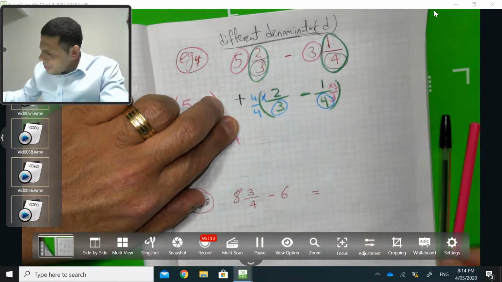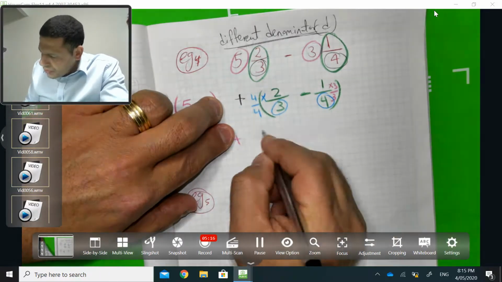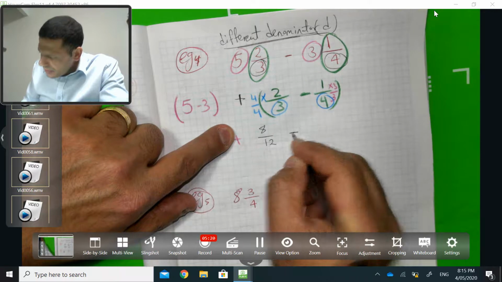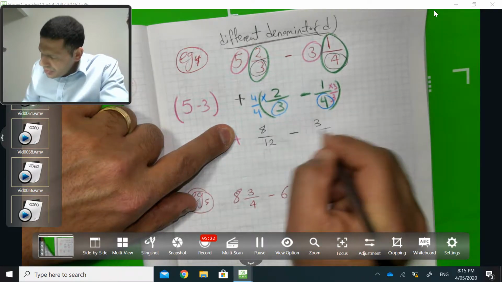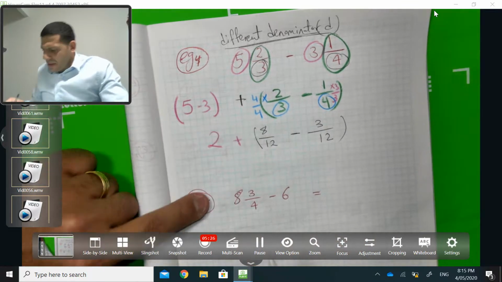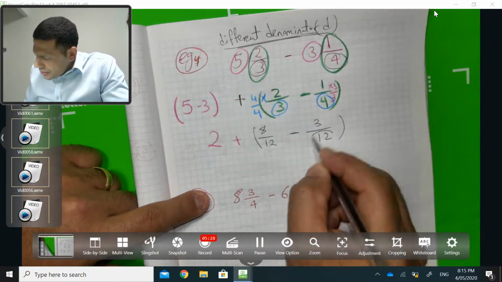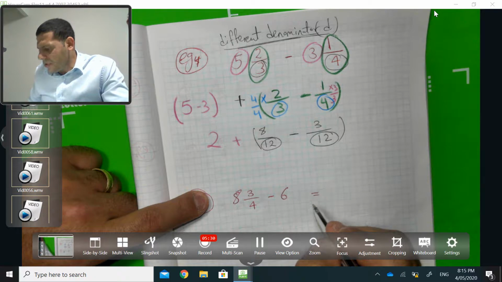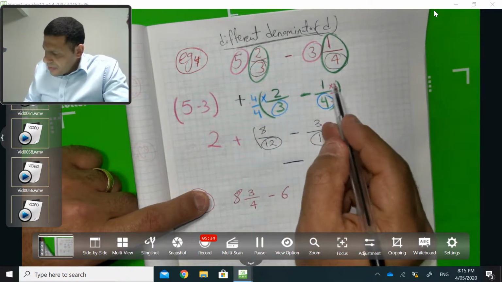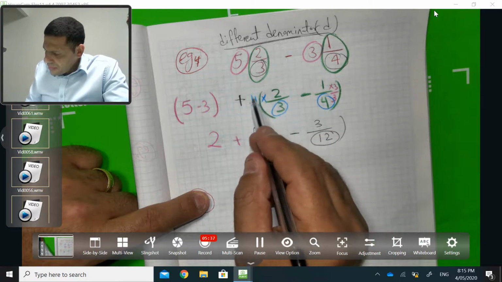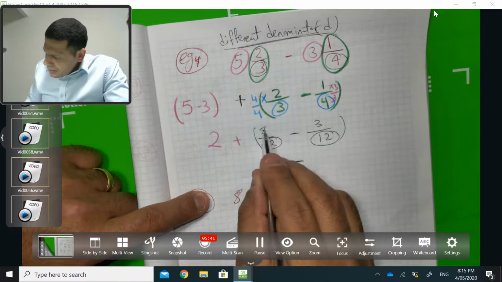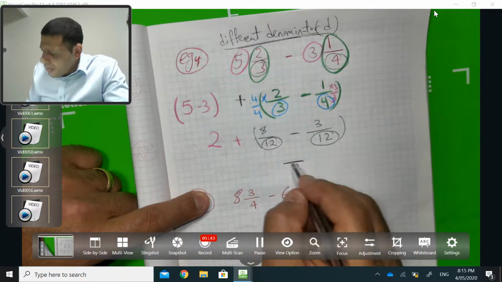Then you write the new fraction: 2 times 4 is 8 over 4 times 3 is 12, minus 1 times 3 is 3 over 4 times 3 is 12. We still put them in brackets. Now we notice that we have the same denominator. That's why we did this step. Now you keep 12 as it is, and subtract 8 minus 3, which is 5.